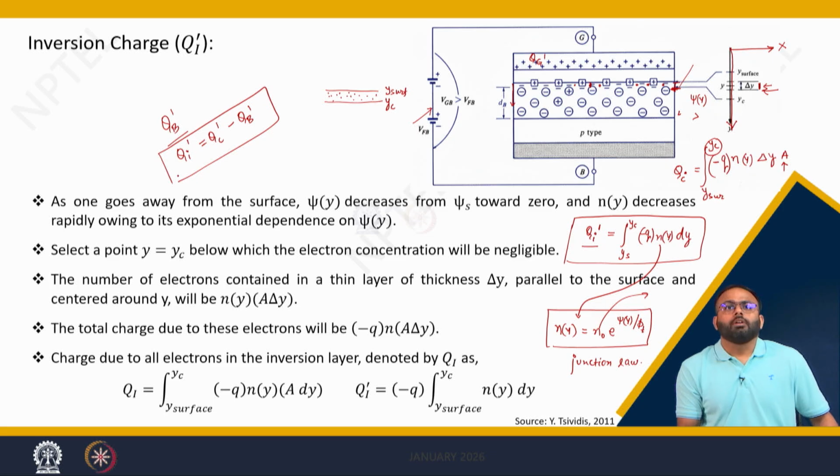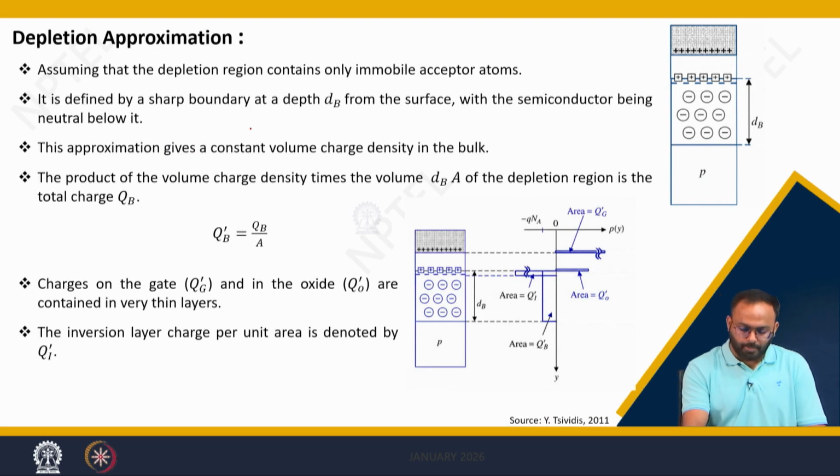To get a good approximation to calculate qb dash, we will consider two approximations here. One is called depletion approximation. This is the same approximation we generally use when we are deriving the diode current equation in a p-n junction diode.